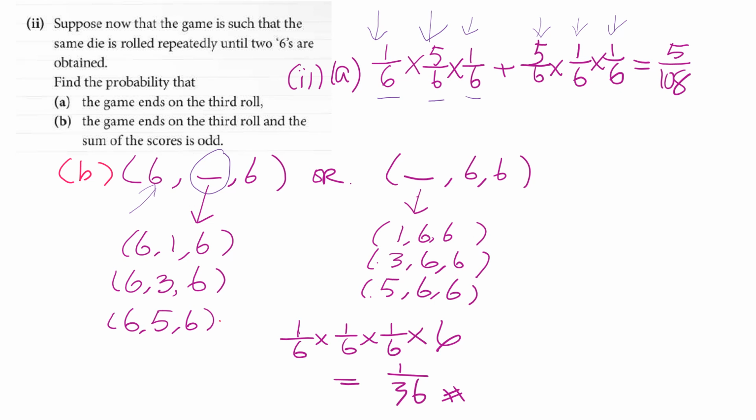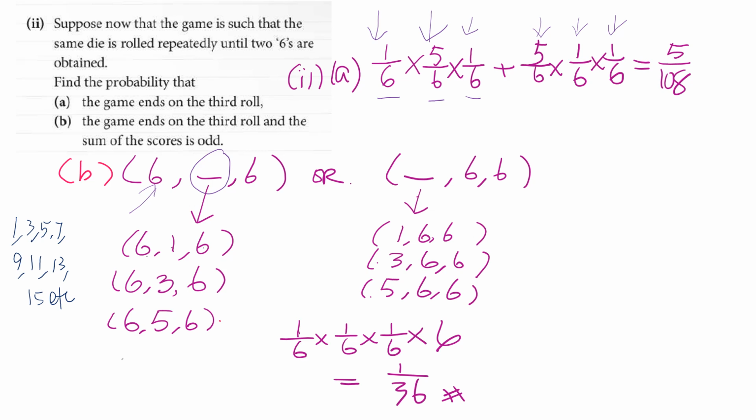So what are the odd numbers? Odd is 1, 3, 5, 7, 9, 11, 13, 15, etc. Then you ask yourself, when I roll the second time, what number must I get? Yes, I must get a 1, because 6 plus 6 is 12, plus 1 gives you 13.